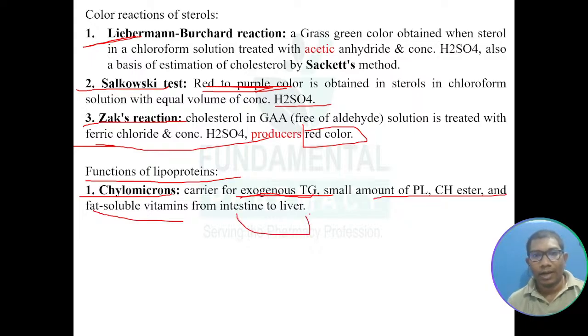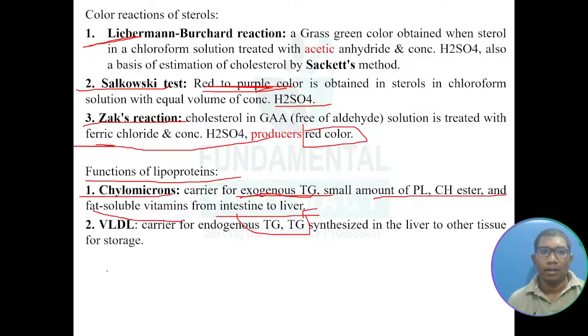Chylomicrons are responsible for the absorption of lipids, triglycerides, phospholipids, cholesterol esters and fat soluble vitamins.